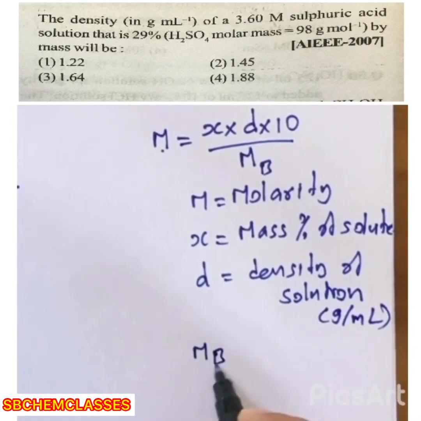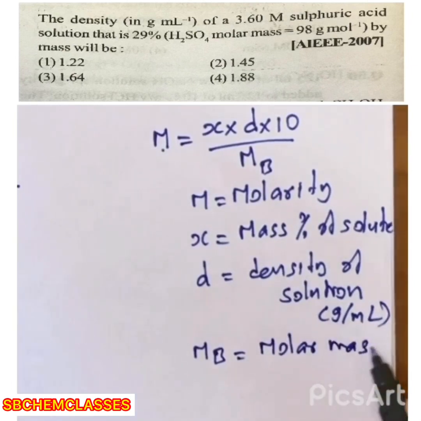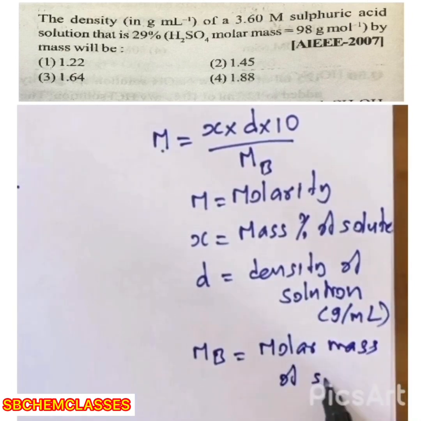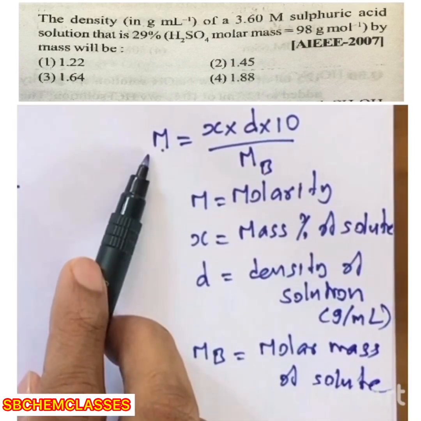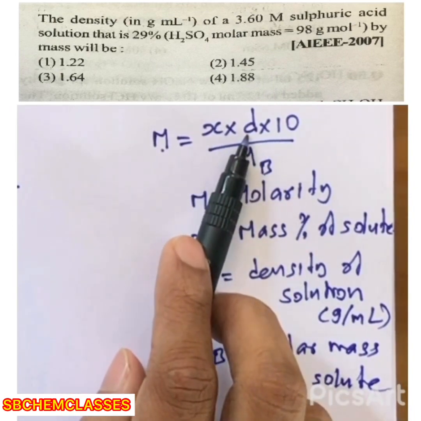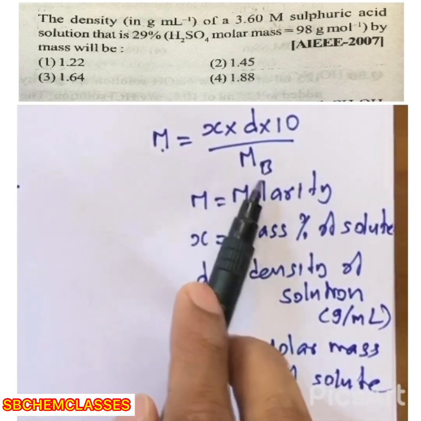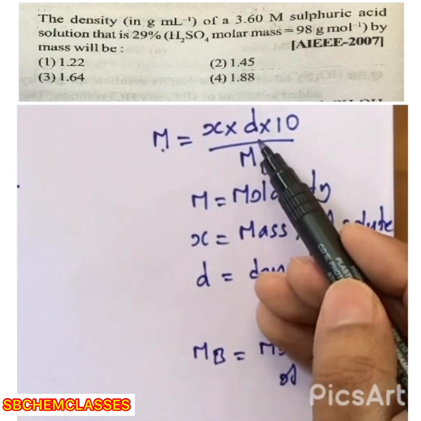MB is molar mass of solute. So this is the equation: molarity is equal to mass percentage of solute into density of solution into 10 by molar mass of solute. In this question, we have to calculate the density.